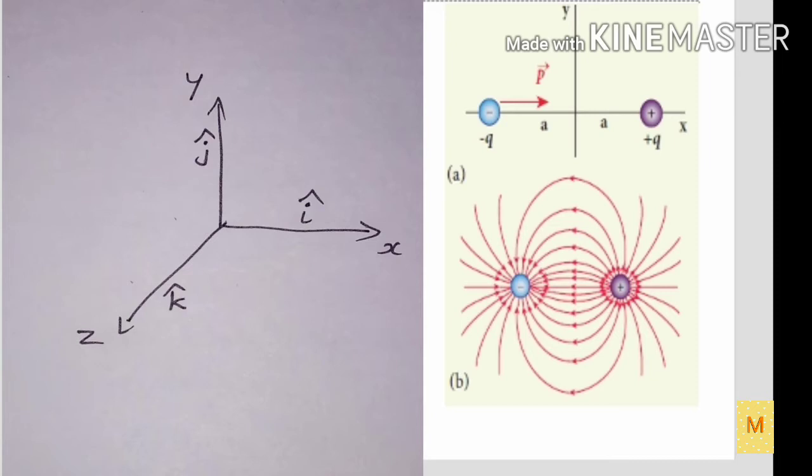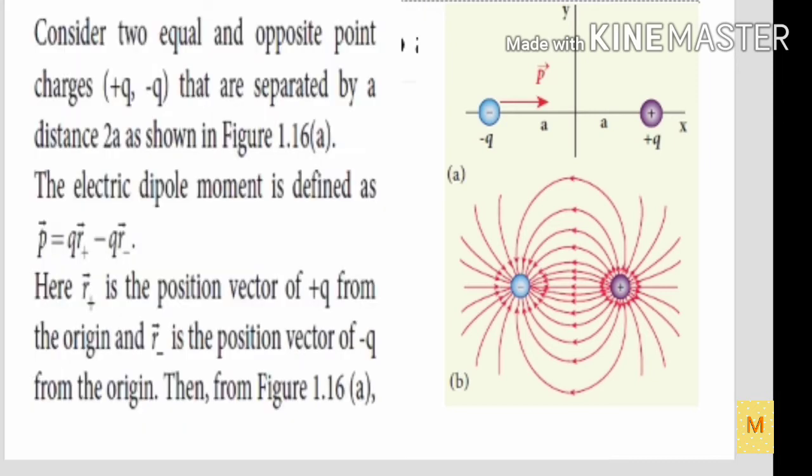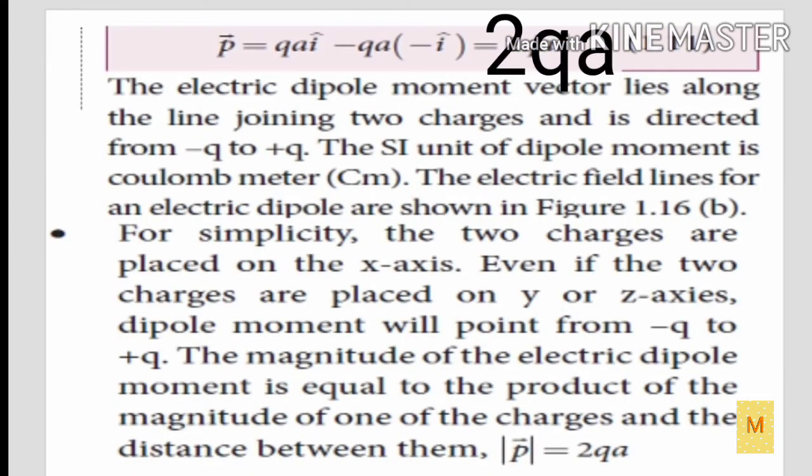Here, why are we writing minus i cap? This is because the charge minus Q is placed in the negative x direction. So, here the unit vector will become minus i cap. Then the equation will be written as P vector is equal to Qa into i cap minus Qa into minus i cap, which will become 2Qa into i cap.